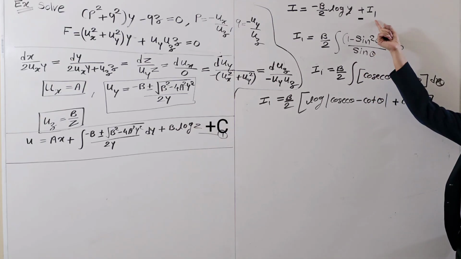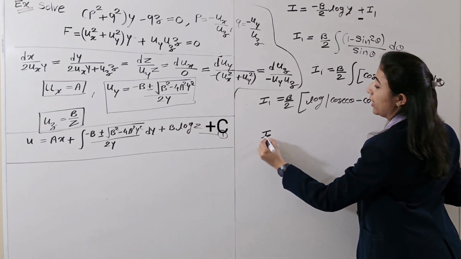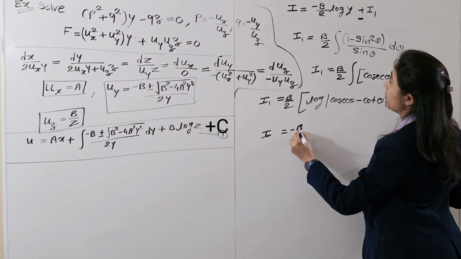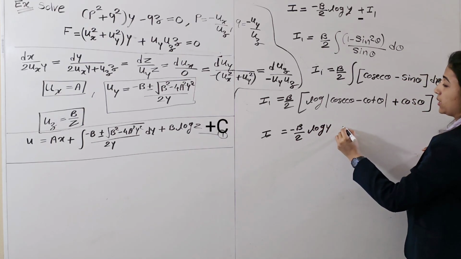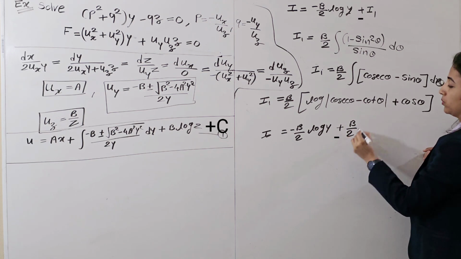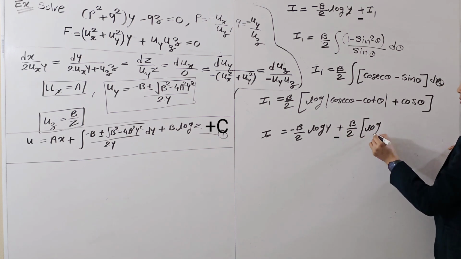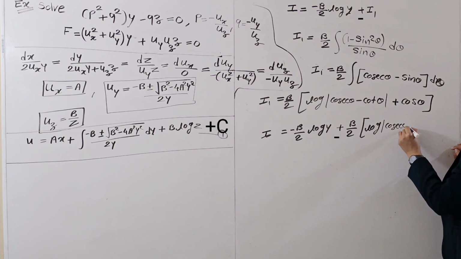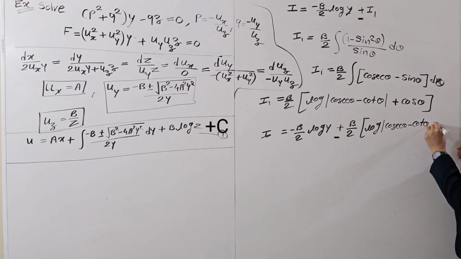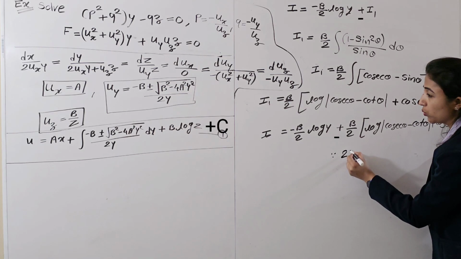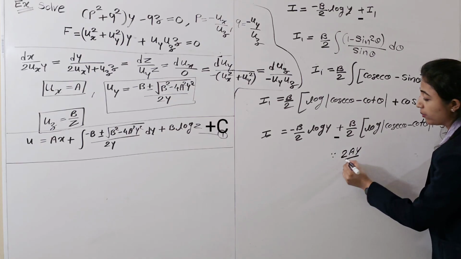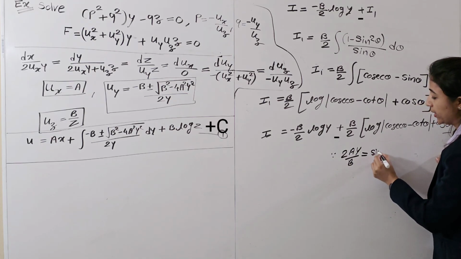Put this value of I1 here, so you will get the answer I, that is minus b by 2 log y plus b by 2 log of cosec theta minus cot theta plus cos theta. But we want the answer in the form of variables x, y, z. So what is the value of theta? Here the substitution is 2ay by b is sine theta.